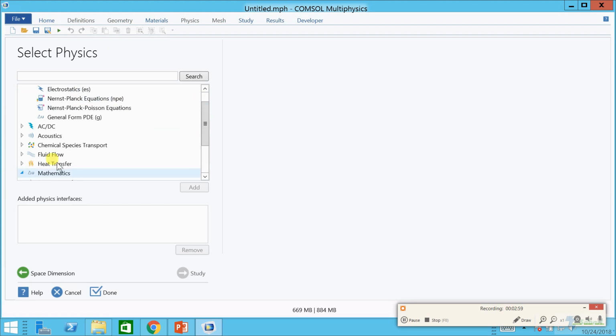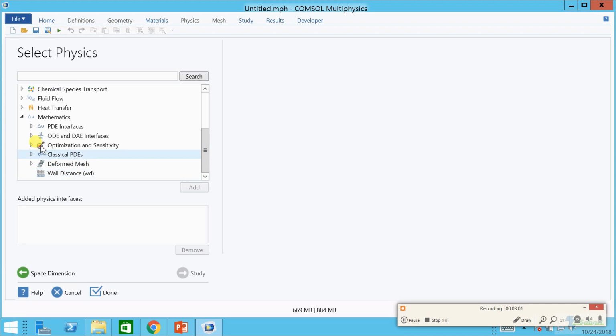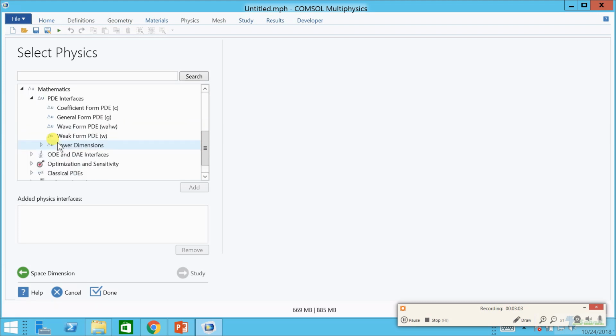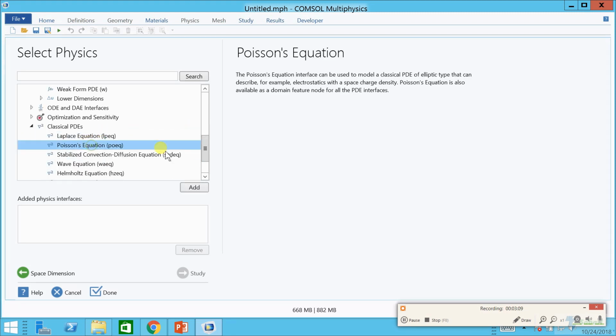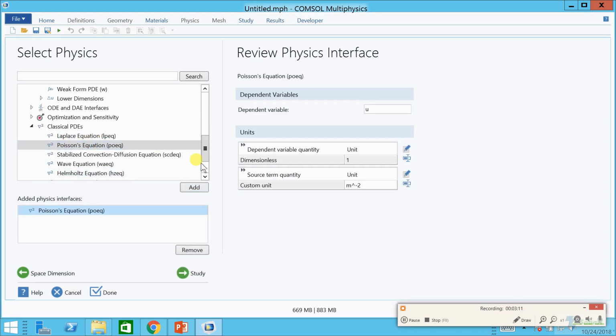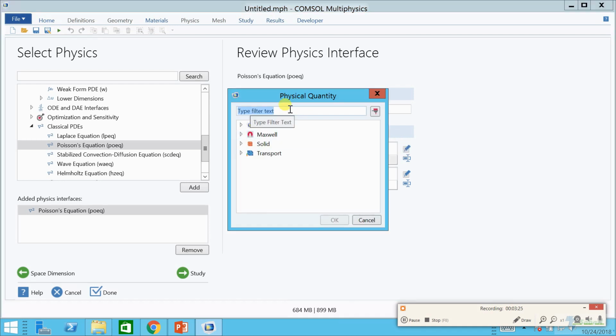So go to mathematics, and there you will find a PDE solver, in which classical PDEs. In the classical PDEs, you will find the Poisson equation. Just add it, and here in the Poisson equation, I give the potential term as u. And here the dependent variable unit is volt.